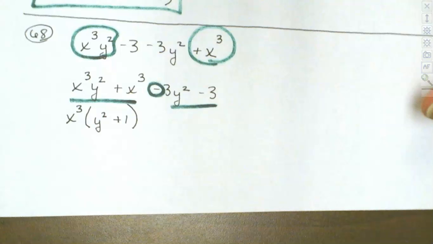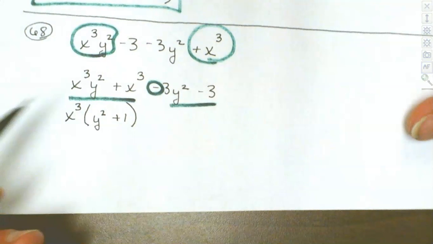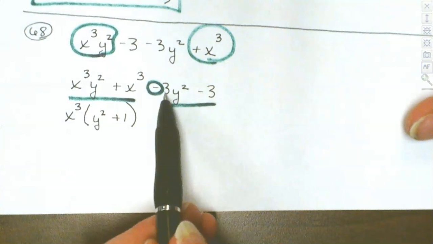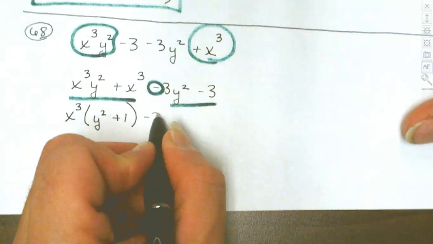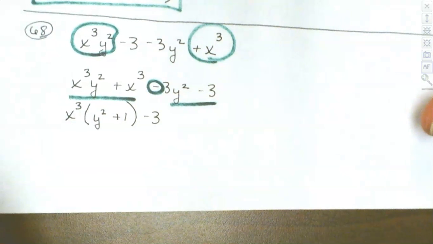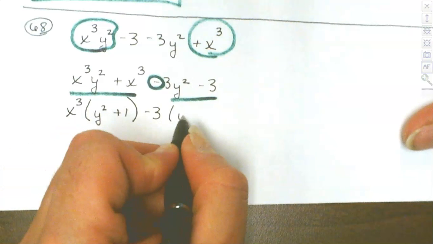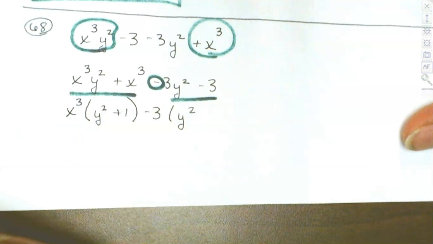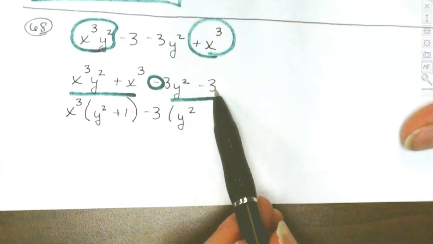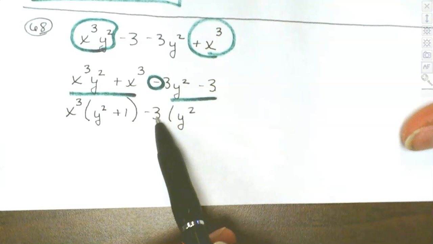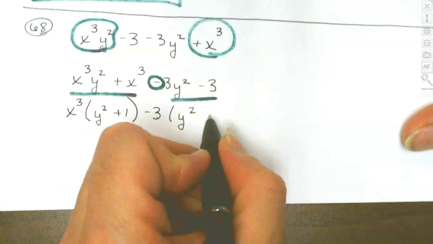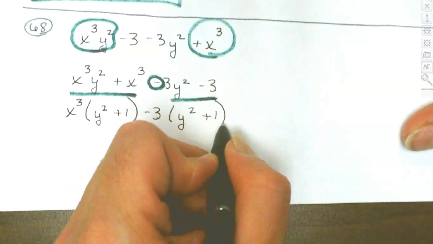So these, we can go ahead now here and factor out a negative 3. So if it begins with a negative, you factor out a negative. That's our rule. And if I factor out a negative 3, that leaves you with a y squared. Negative 3 and negative 3, when you divide them, that leaves you with the positive 1.